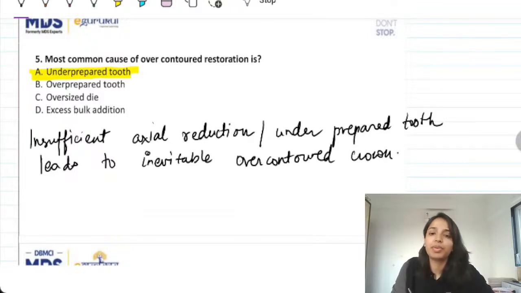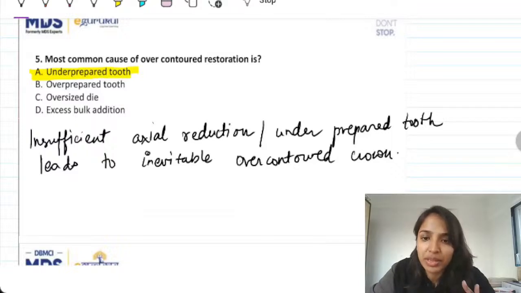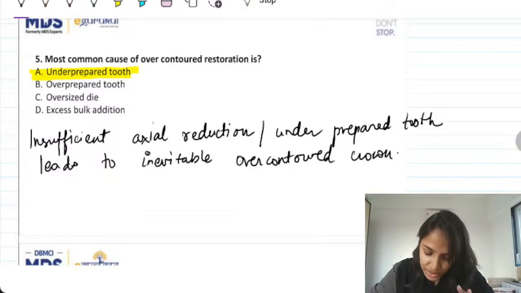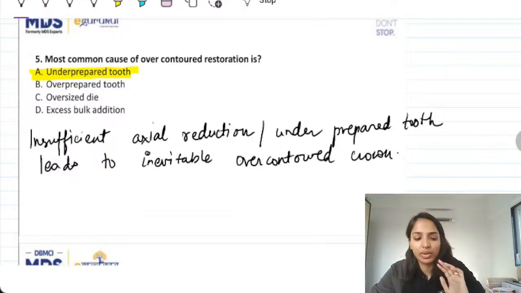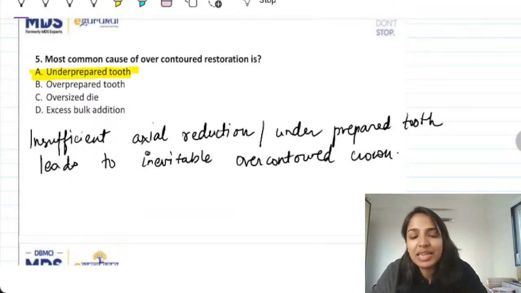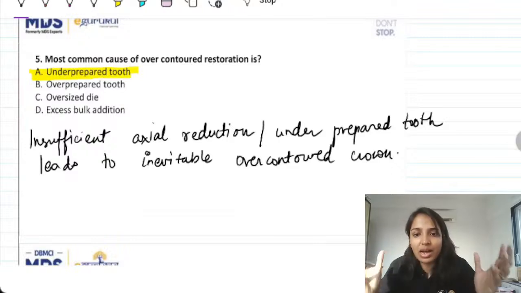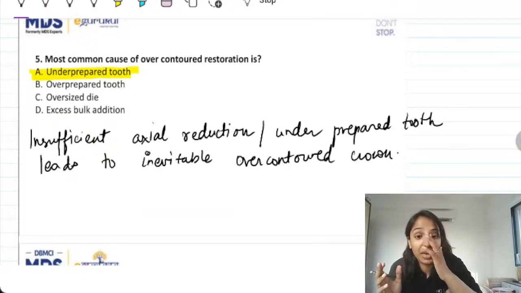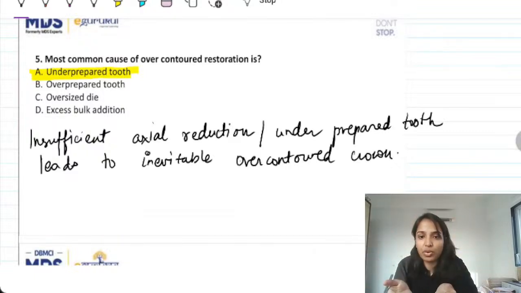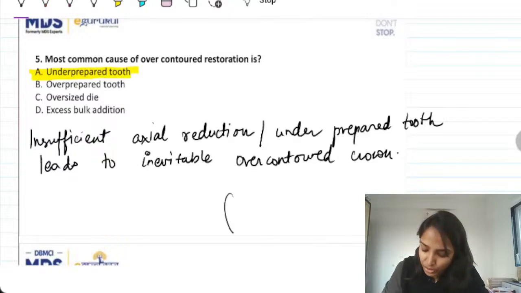Right? So, very simple, very straightforward question. Something that we have seen through FPD is that an underprepared tooth is the reason for an over contoured restoration. Now, you may think why options C and D are not the answers. C and D are obvious mistakes that can be made by someone. Excess bulk will always lead to a larger tooth or a bulkier crown, but we are talking about the contour of a crown.